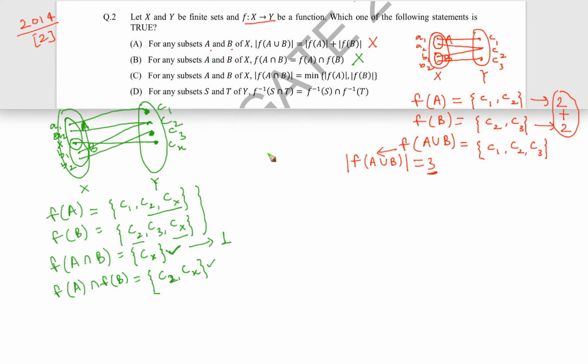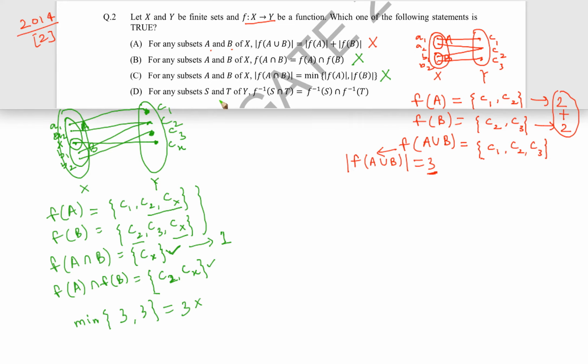The size is only 1 because there is only one element, and right hand side they are talking about the minimum of Fa cardinality, what is the size? 3. Fb cardinality, what is the size of Fb? It is 3, and minimum of 3 and 3 is 3. So again we are saying that left hand side is 1, right hand side is 3, and again they are not matching, and that's why C is also not correct.